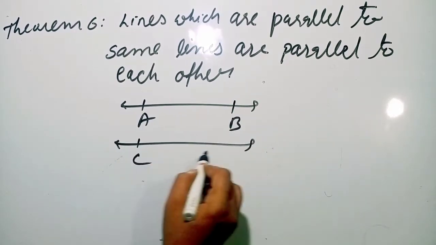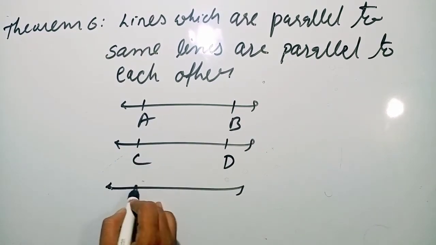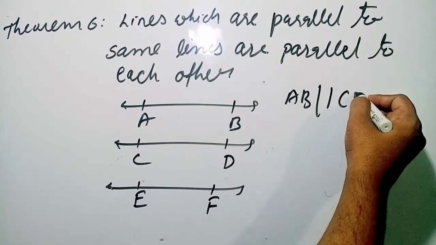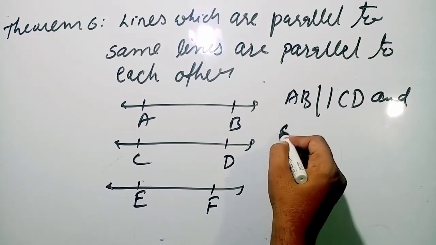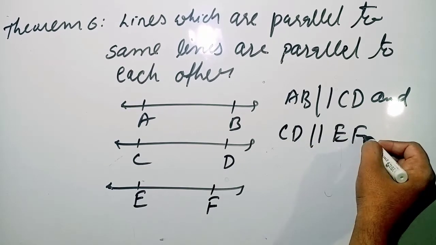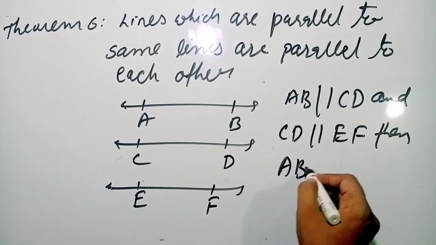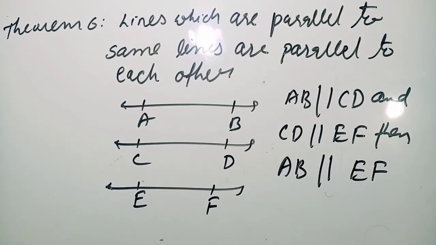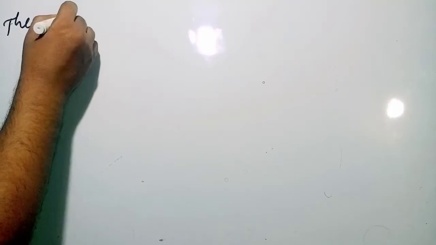Suppose AB is parallel to CD and CD is parallel to EF. In that case, AB is parallel to CD and CD is parallel to EF, so EF will be parallel to AB. Is it clear? If the first line is parallel to the second and the second line is parallel to the third, in that case the first and third lines will be parallel.